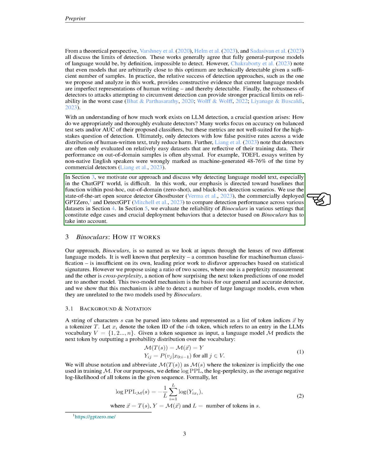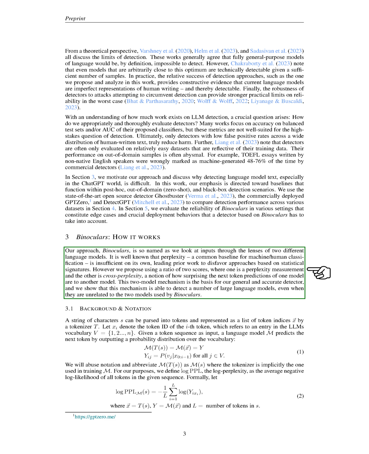Section: Binoculars. How it works. Our method, which we've named Binoculars, is inspired by the way we use two different language models to examine inputs. It's widely recognized that perplexity, a common benchmark for distinguishing between machine and human language, isn't enough on its own. This has led to a general disregard for methods based on statistical signatures.